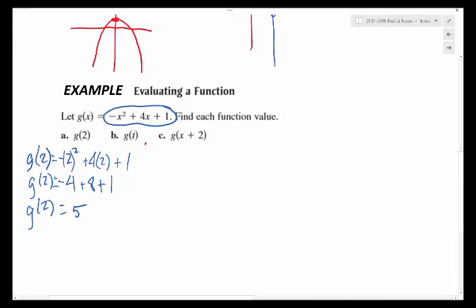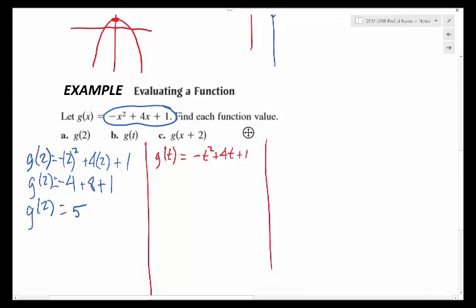Now I can plug in another variable, g of t. What I'm doing is substituting a letter variable. So I'll have negative t squared plus 4t plus 1. That's as far as that one will go. It doesn't simplify any further. The next one, I am plugging in a binomial expression, which means two parts, x plus 2, into the equation.